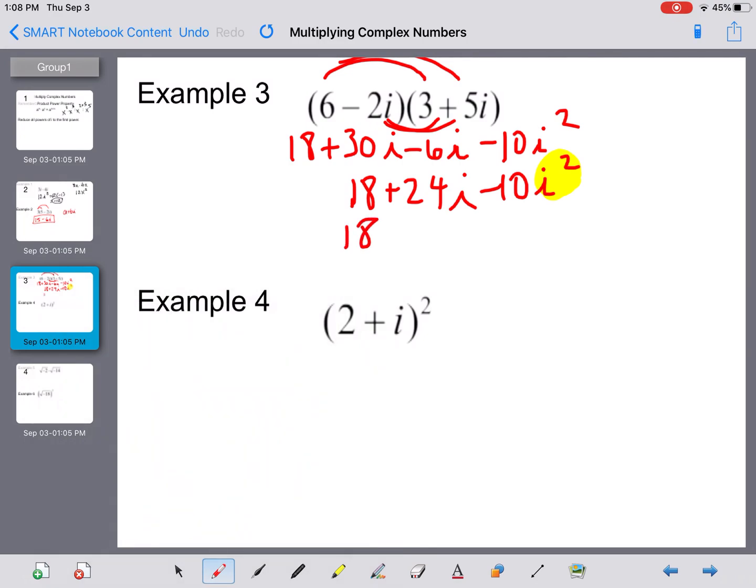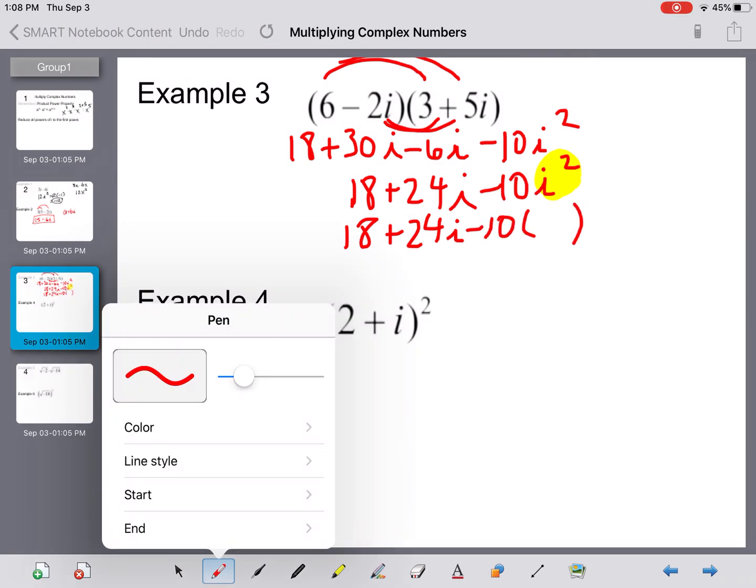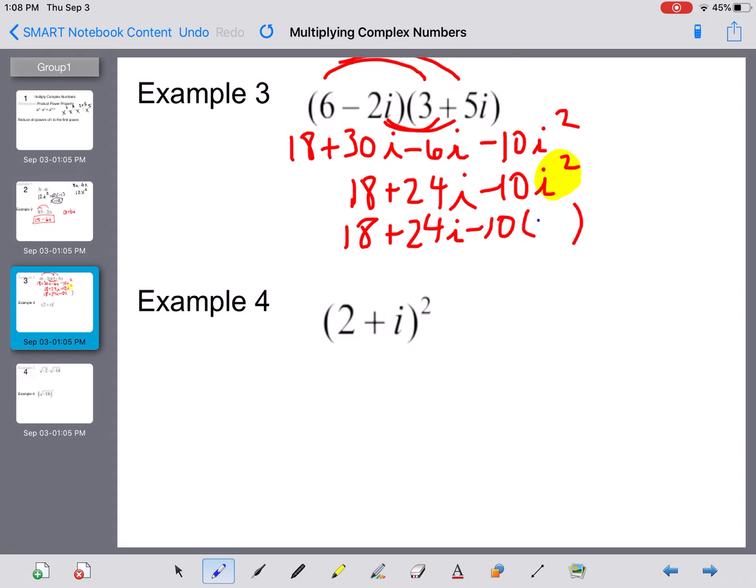So we can say 18 plus 24i minus 10, and we can substitute in that this is negative 1. So what that's going to do is leave us with a positive 10 over here. So we're going to have 18 plus 24i plus 10. And that should give us 28 plus 24i in standard form.